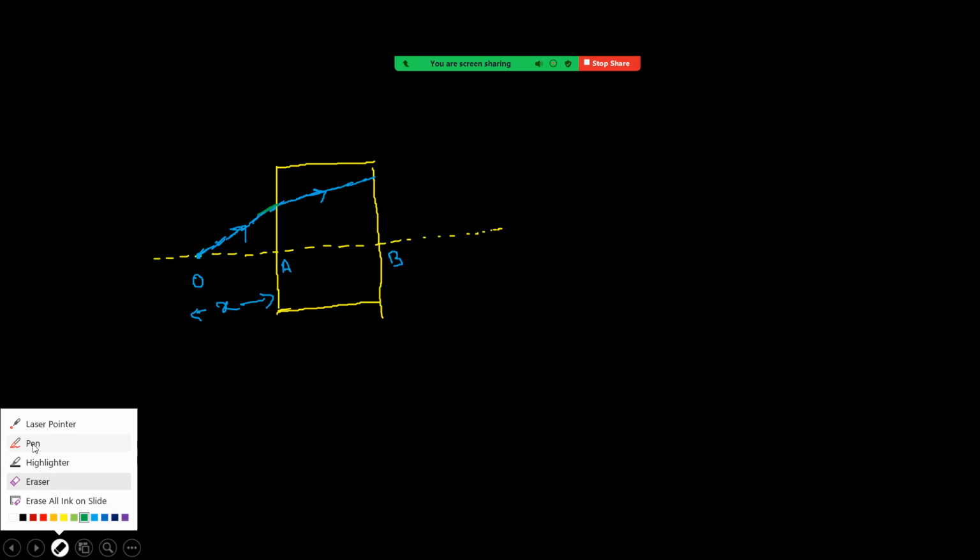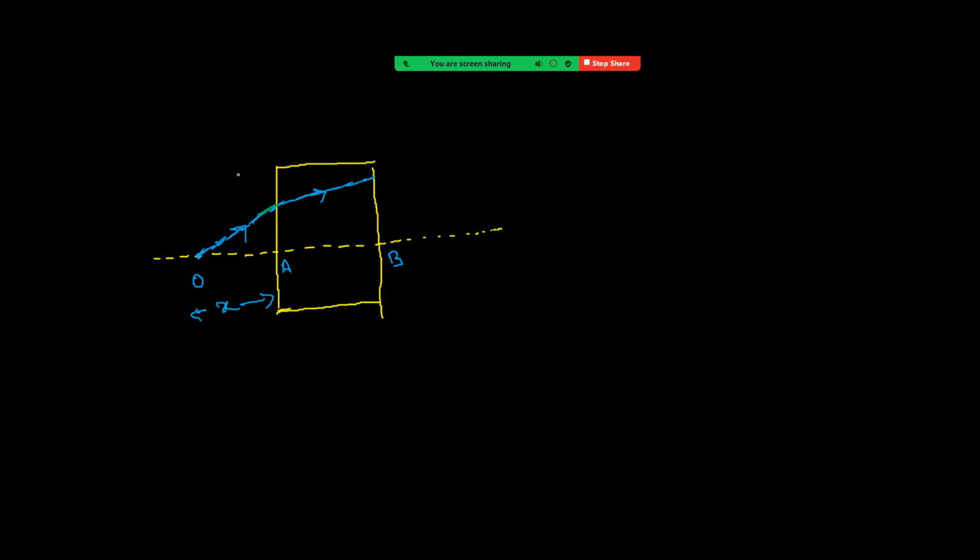So when we extend that light ray back, the point where it meets this line will be the image. This is the image of this point. So take it as I1.